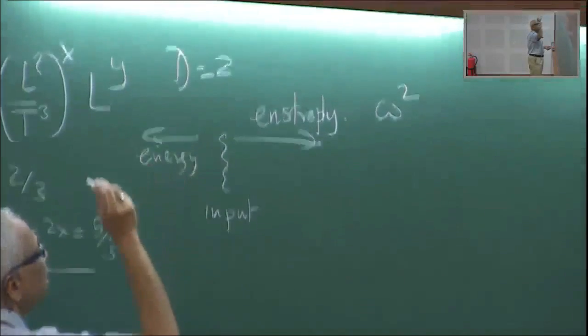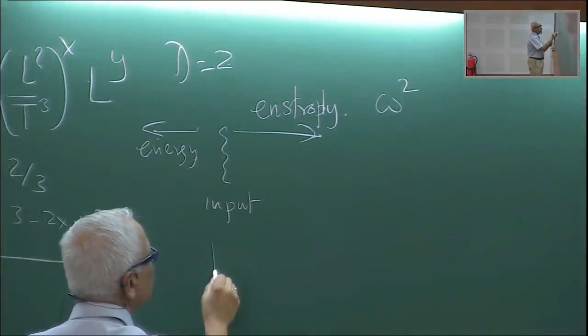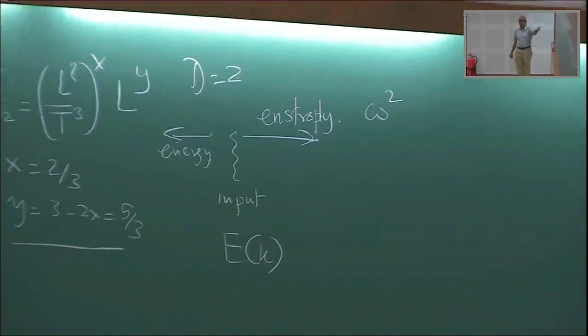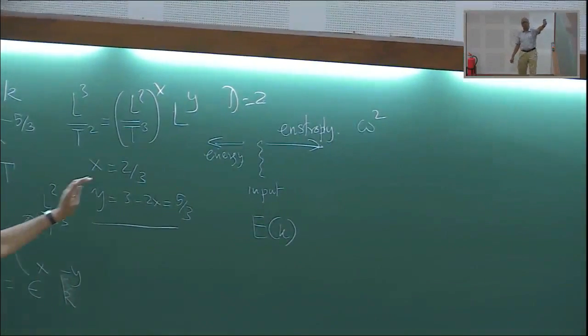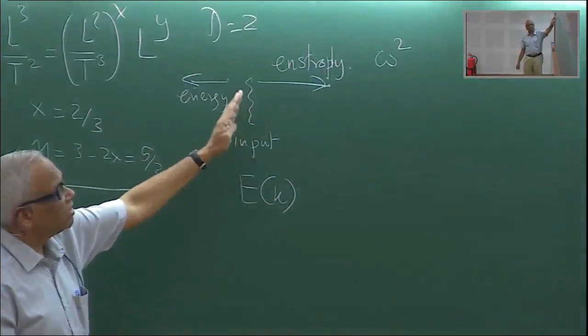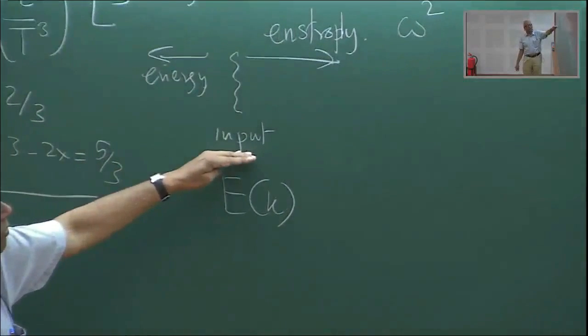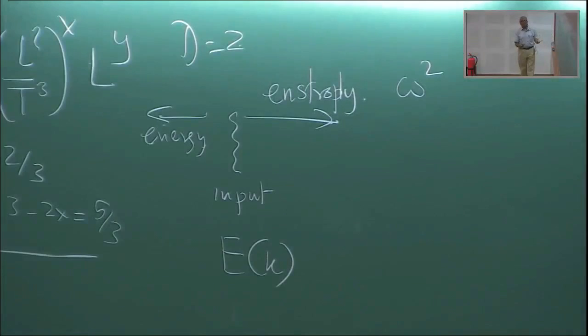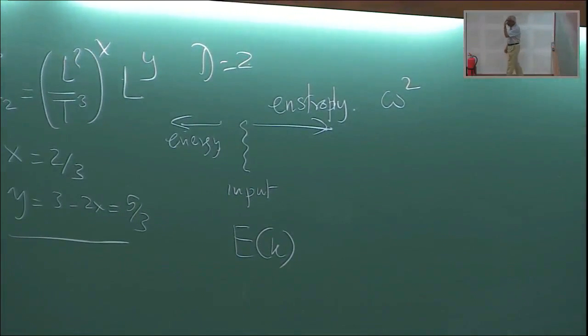So if I once again look at E(k) in this region of wave numbers, wave numbers greater than the input wave numbers, it would be determined by the energy transfer rate. And so what would be the dependence of E(k) on k?